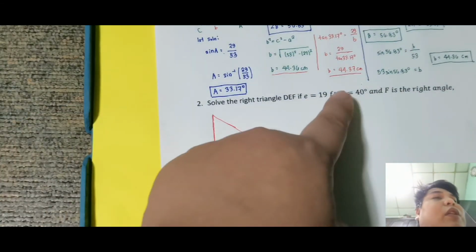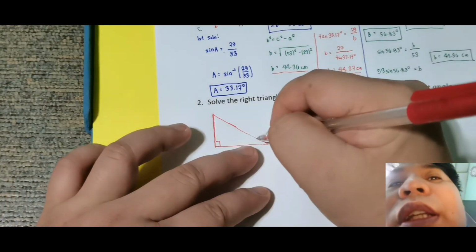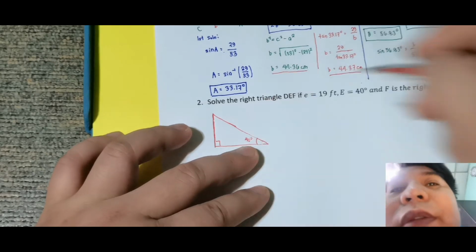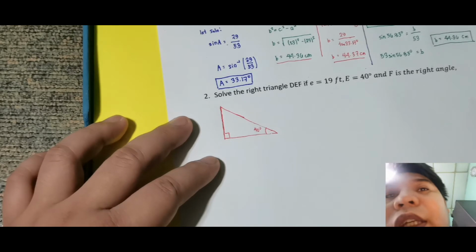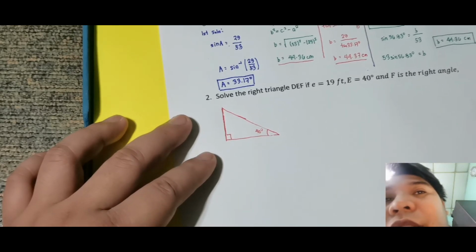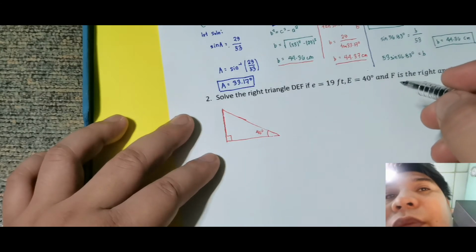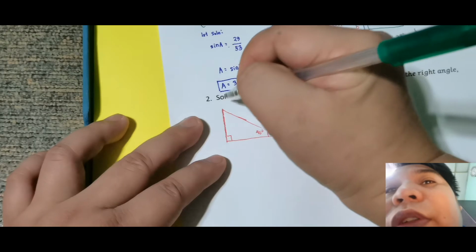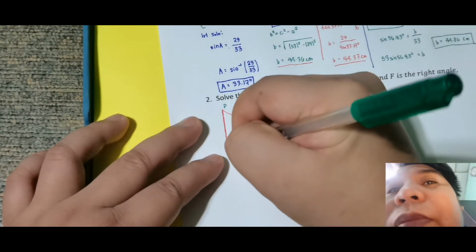Tapos syempre dahil 40 degrees, pwede dito si 40 degrees. Okay, so ito ay 40 degrees. Okay, so label ko lang yung mga side. So that is DEF, no? So ito ay DEF, so ito yung D, E, F.